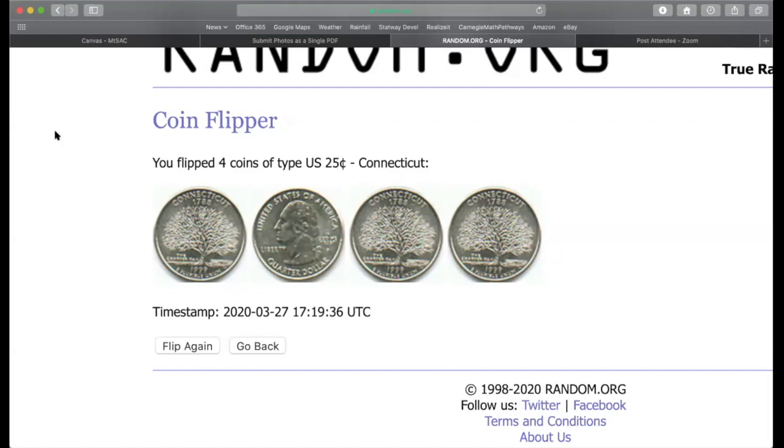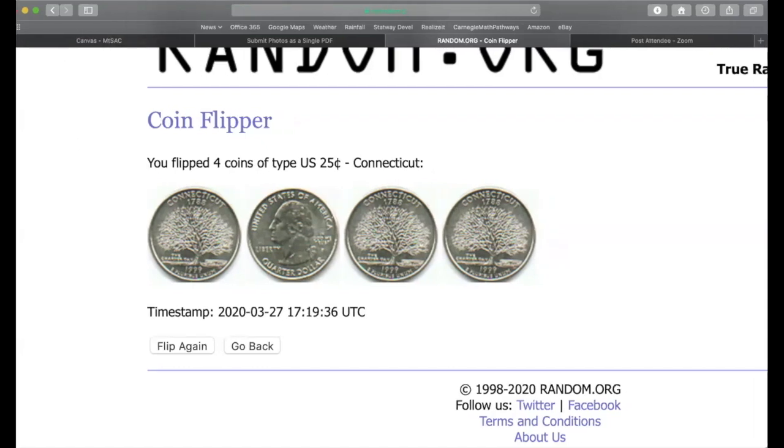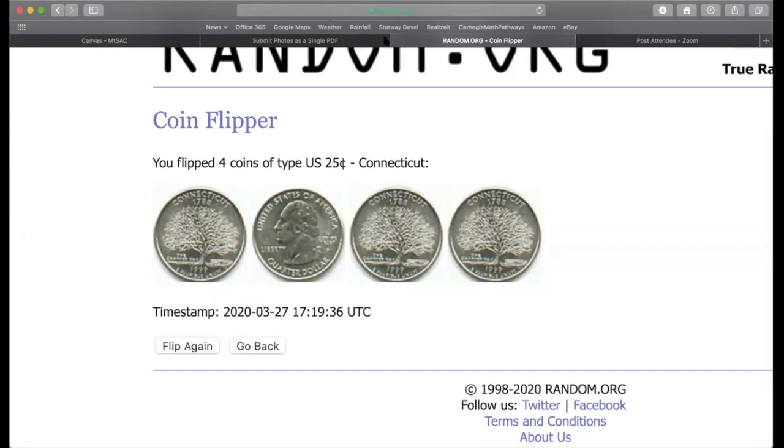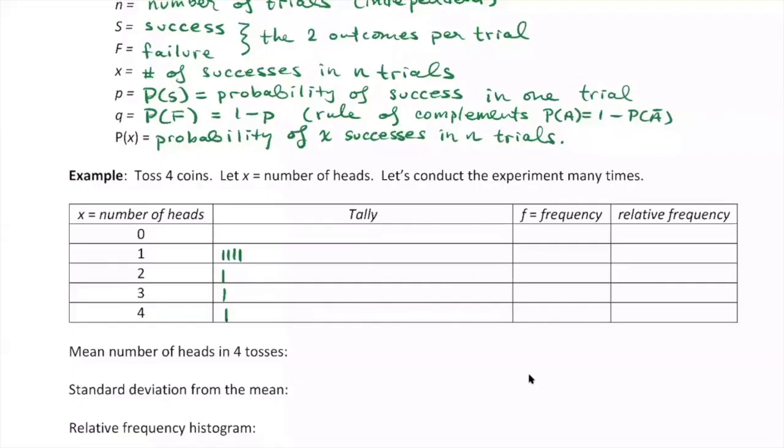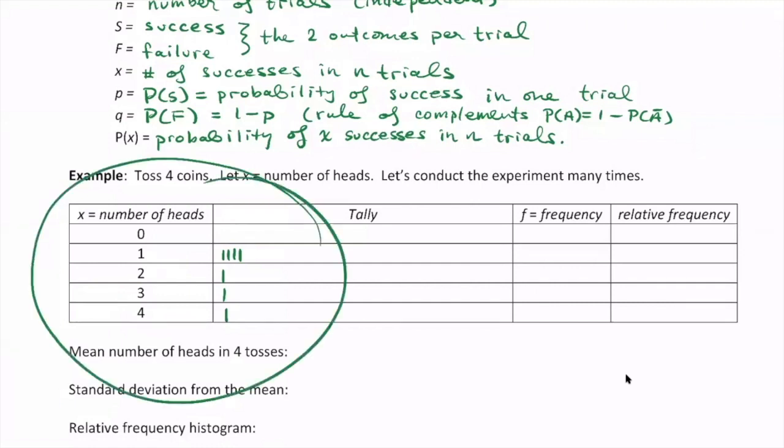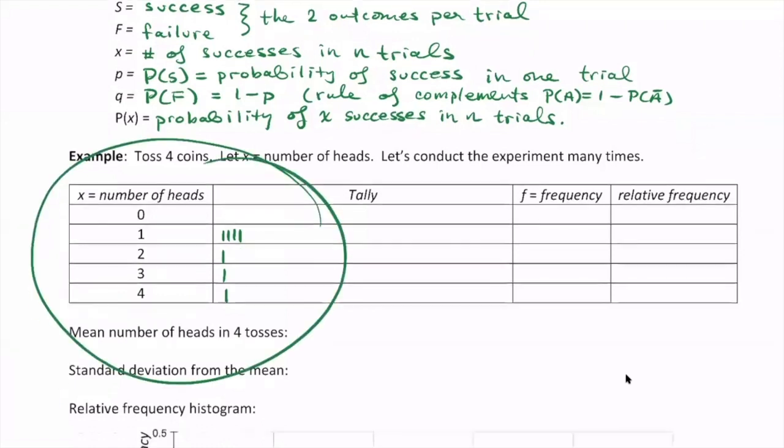And now we're going to toss the coins again. Let me go back and share what I've done on my iPad real quick. All you've got on your PDF or your notes is just this outcome.